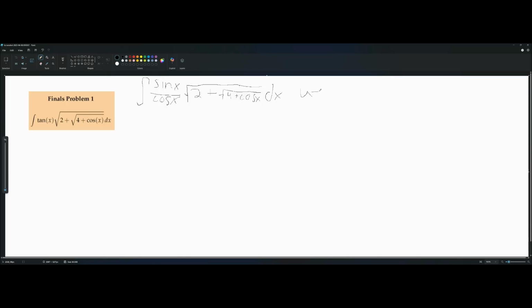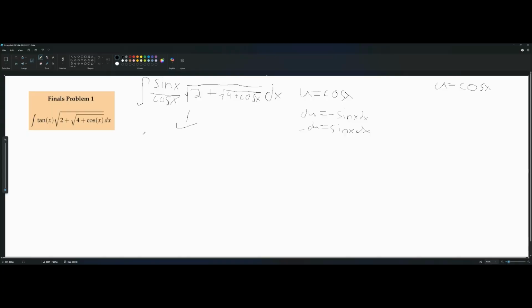And that is setting u equal to cosine of x. And then du is equal to negative sine of x dx, which means negative du is equal to sine of x dx. Okay, so I'm going to put this substitution over here, and I'm going to now show you what this should transform into.